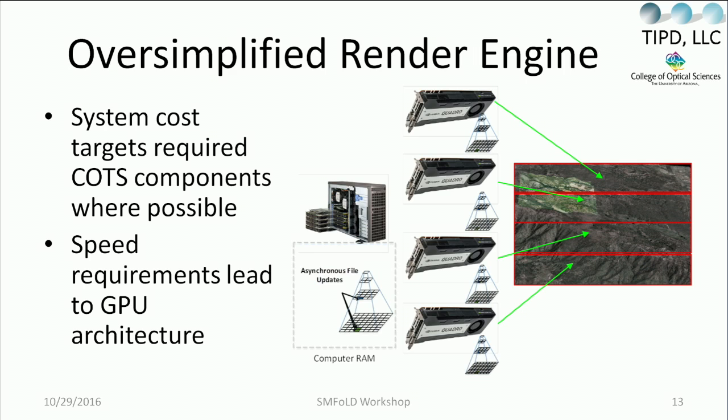The oversimplified rendering engine: we've pushed everything onto GPUs. Basically buy the best CPU I could, stick as much memory as I could on there, and as many high-end graphics cards as we can to really run that virtual camera algorithm. And so we break up the scene into different parts, and divide that up across the multiple processing units in the GPU to parallelize things as much as possible.